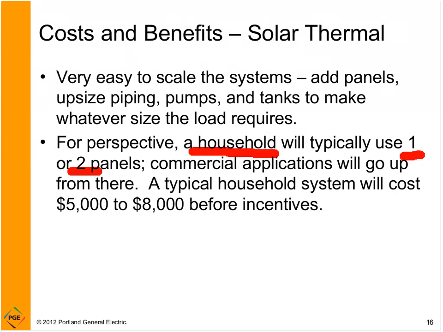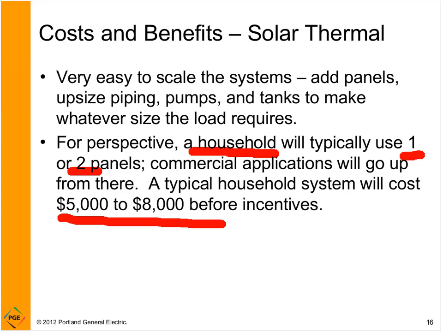Of course, commercial panels can scale up from there, but a typical household system will have a first cost before incentives of somewhere in the range of $5,000 to $8,000. You can, of course, scale that up for commercial to any scale you need, but you can say, well, if I only need to do a lavatory, maybe I can get by with a $3,000 system. That'll hopefully give you a perspective on costs.